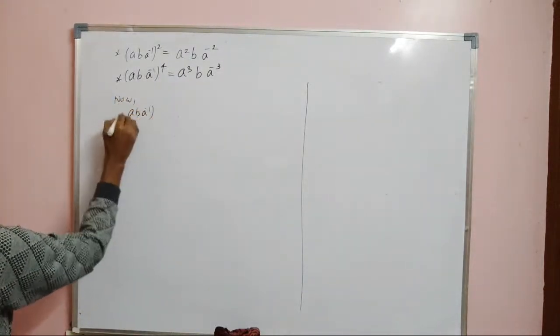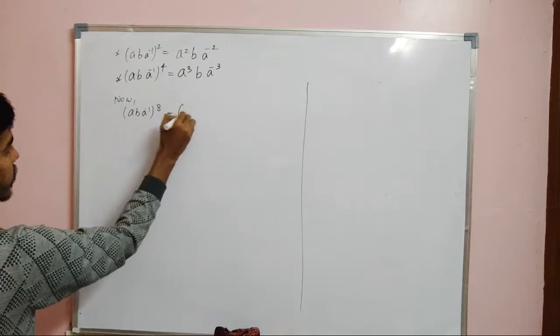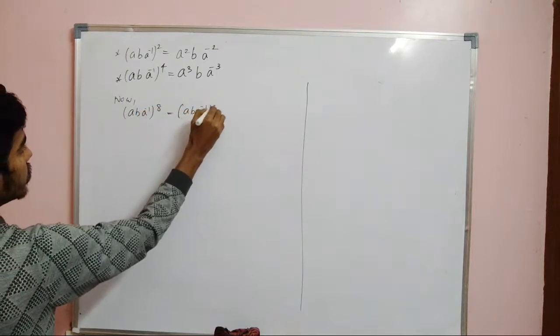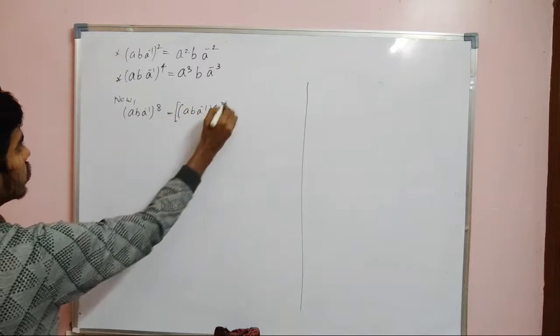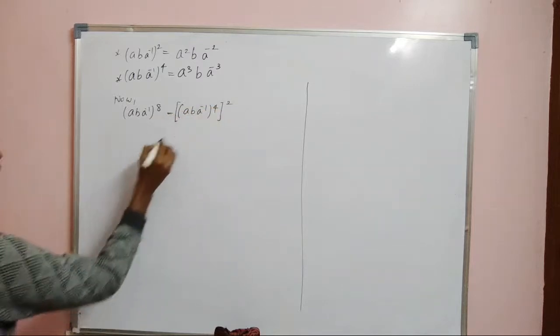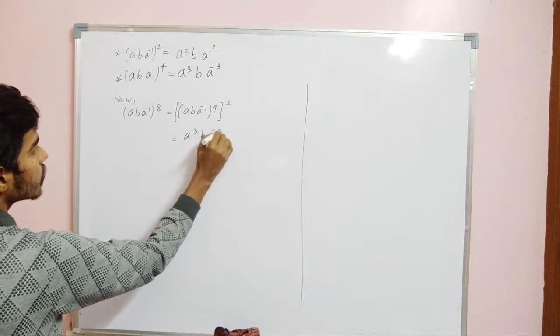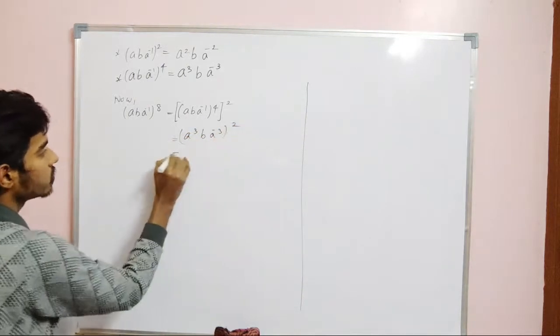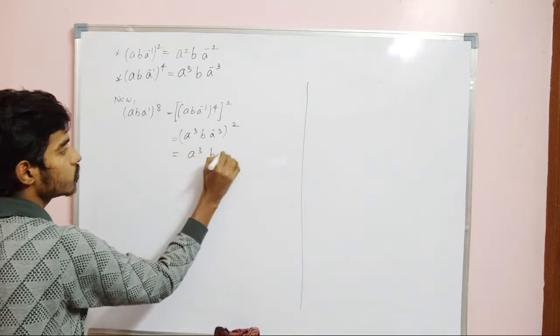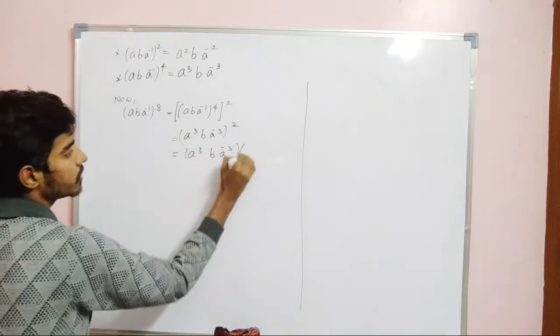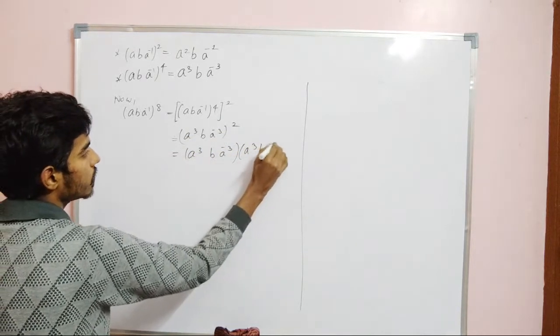Now (ABA⁻¹)⁸. I can write this as ((ABA⁻¹)⁴)², right? We already found this value. So this value is (A³BA⁻³)². I can write this as A³BA⁻³ into A³BA⁻³.